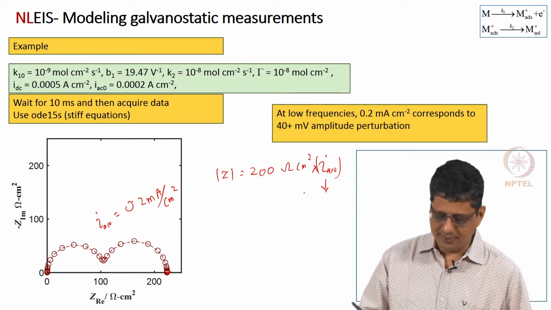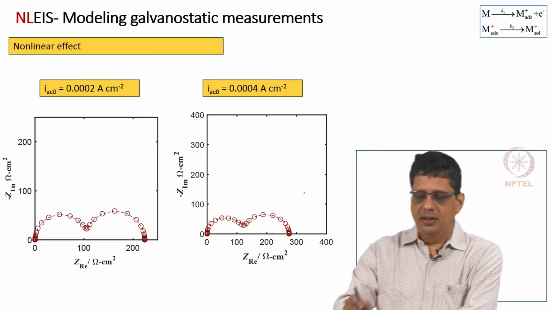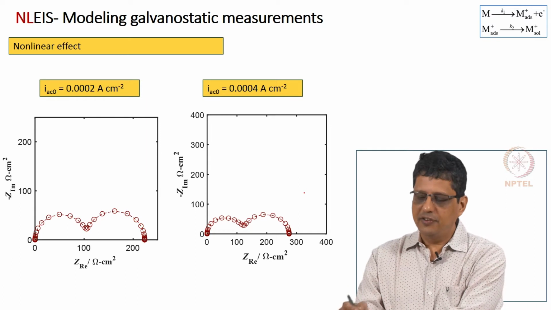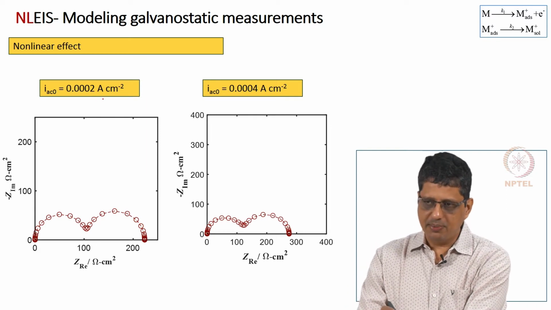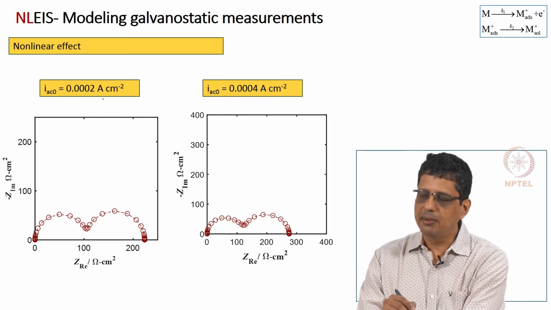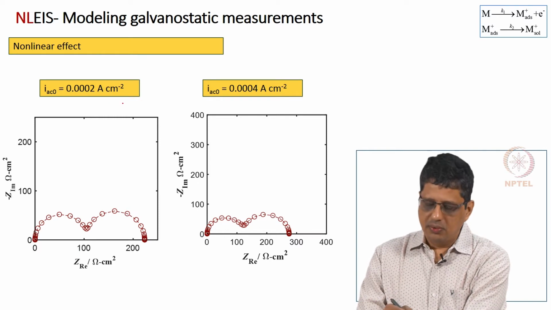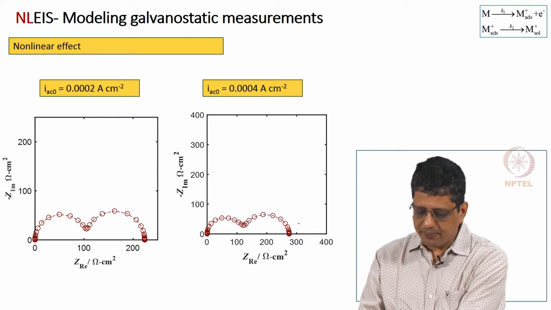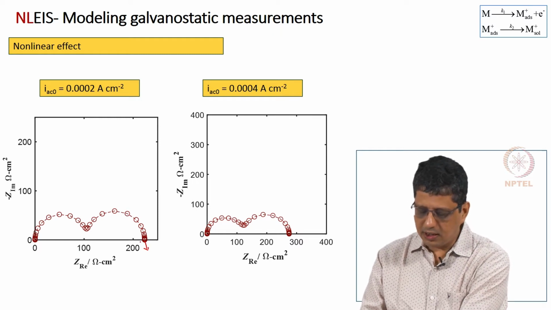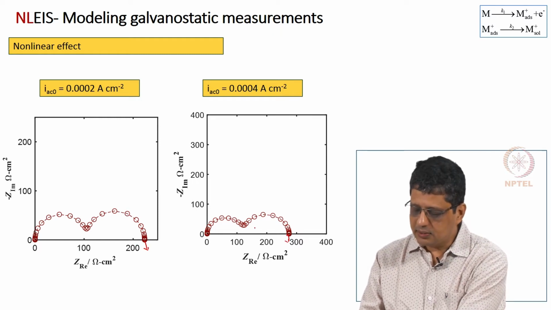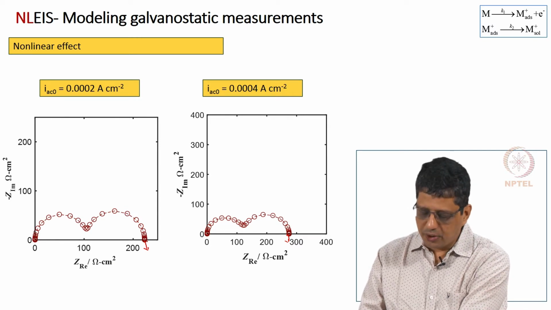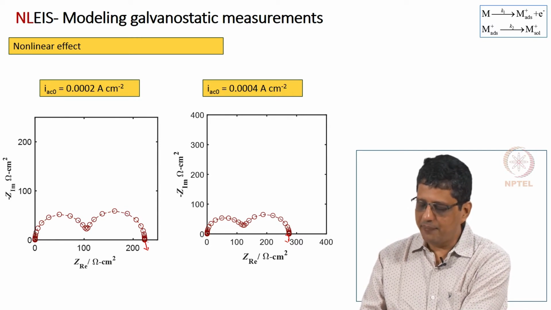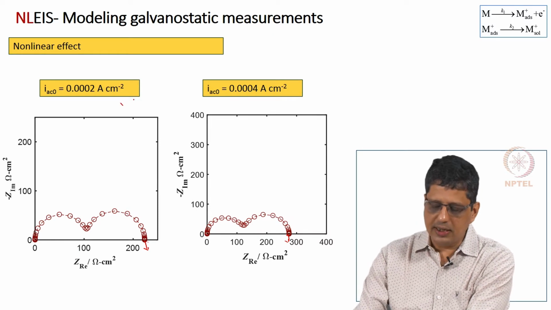Regardless, here if we change it from 0.2 milliamps per centimeter square to 0.4 milliamp per centimeter square, what happens? We run the same code, get the spectrum, and you can see this is a little more than 200, and the low frequency value here is more than what we got in this case.